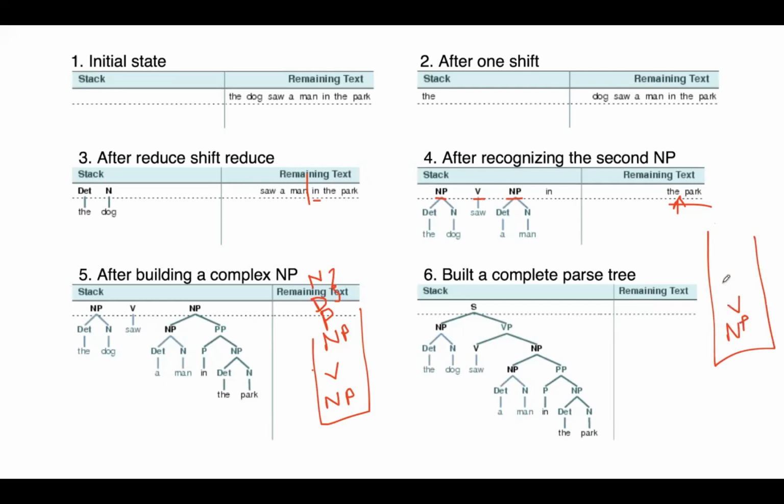Now the stack contains noun phrase, verb, noun phrase, preposition, and determiner plus noun, which can be reduced to noun phrase. You can see this in the diagram: determiner and noun are reduced to noun phrase.